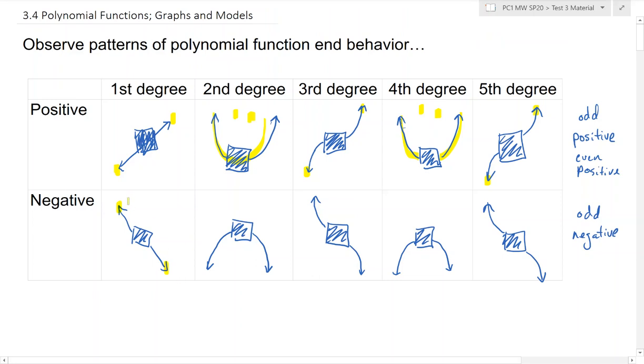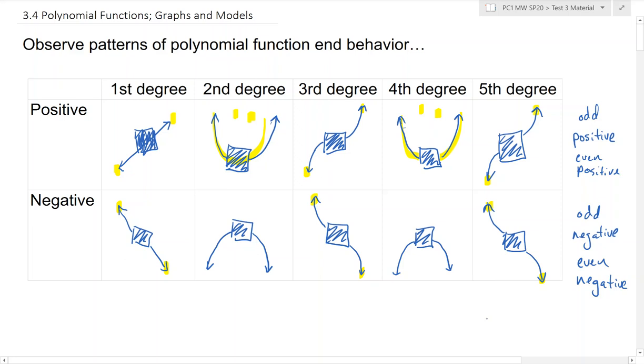Well, I do know that it's negative. It's going down. From here to here, it's negative. Here to here, it's negative. That is even and negative. Then here we go. We've got a sad face here, sad face here.